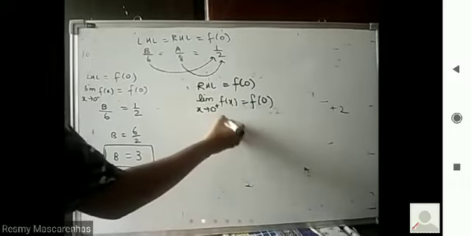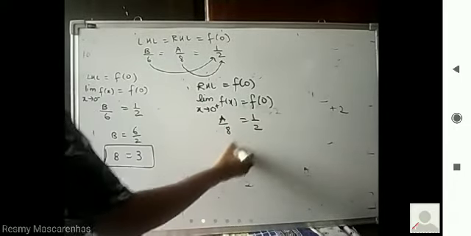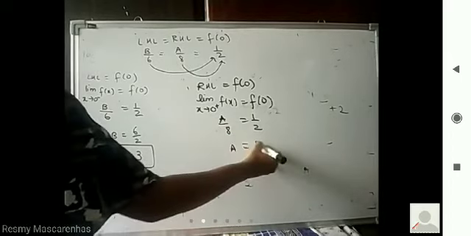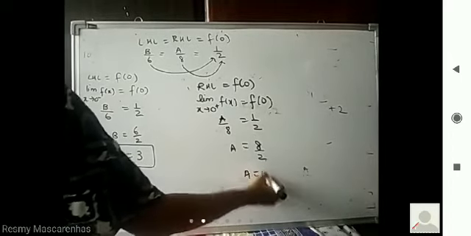So A upon 8 is equal to half. So 8 will go here, so A will be 4.